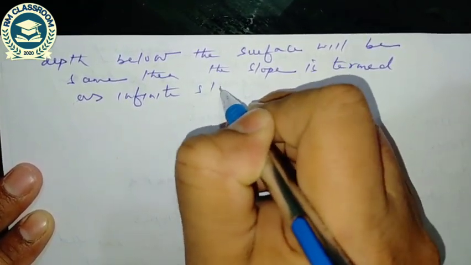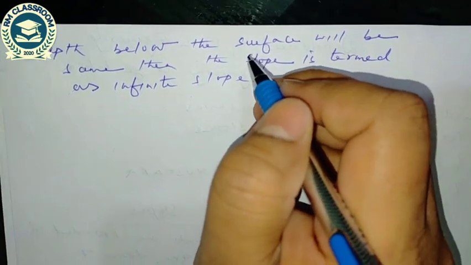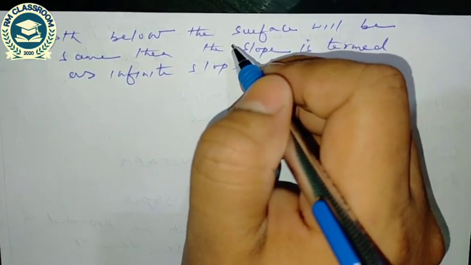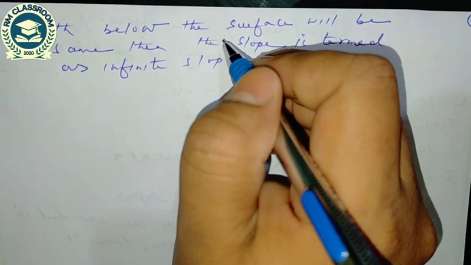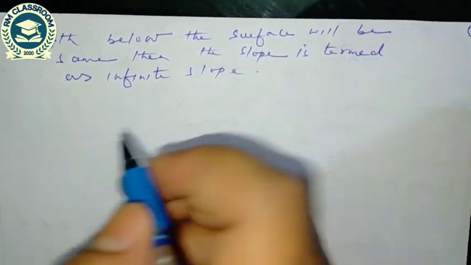Failure of infinite slope takes place due to the sliding, and failure surface is parallel to the ground surface.